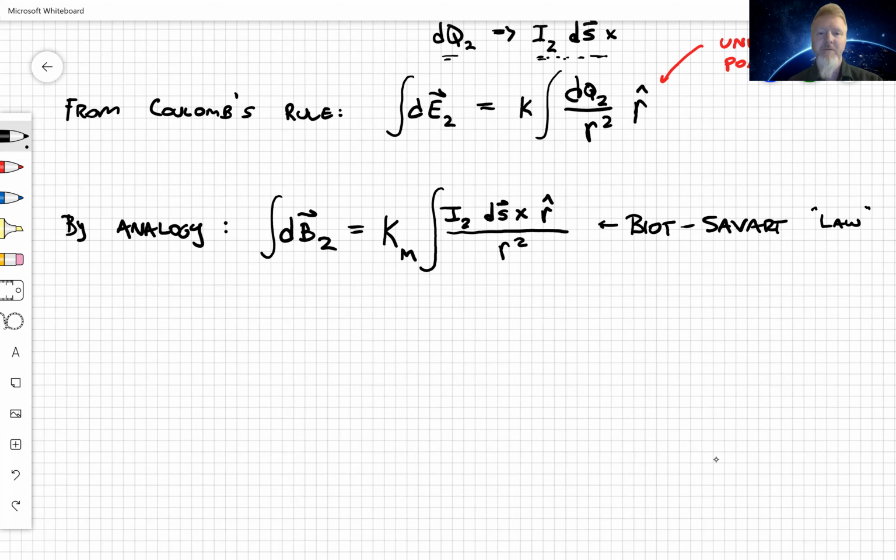Biot is a fairly well-known French physicist, but I don't know anything about the other guy. So who cares whose law it is? But anyways, this is how people suggested we calculate the magnetic field of a current. To calculate that due to I2, this is how you do it.